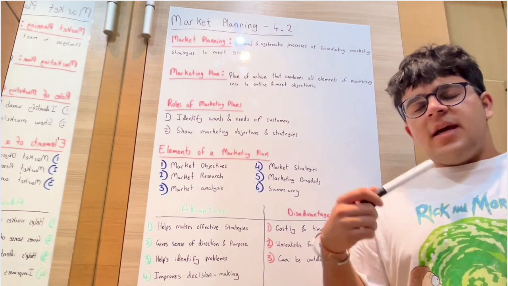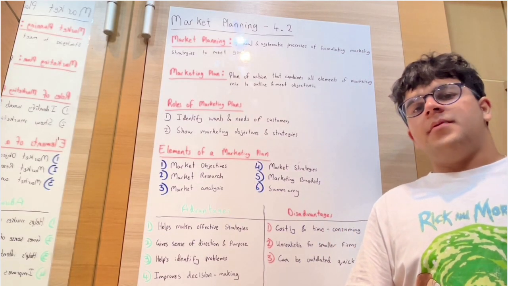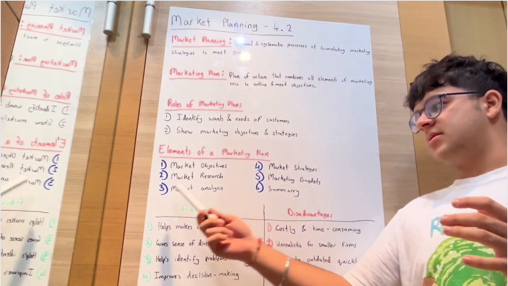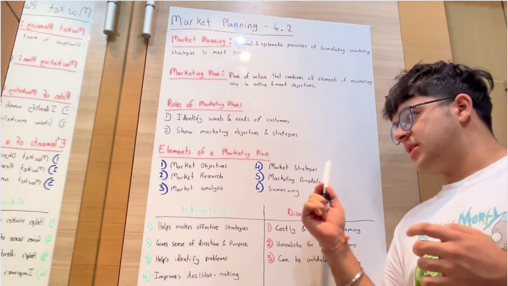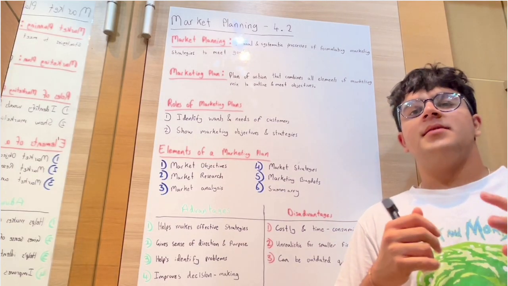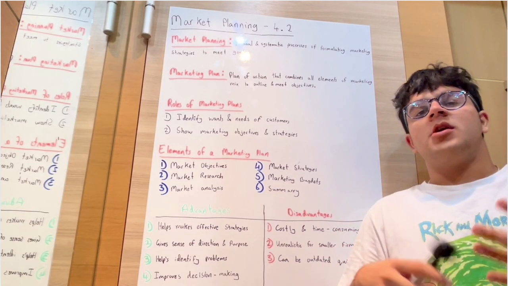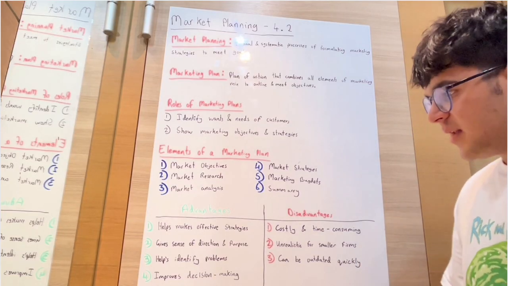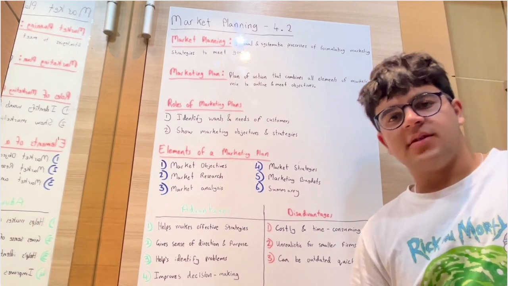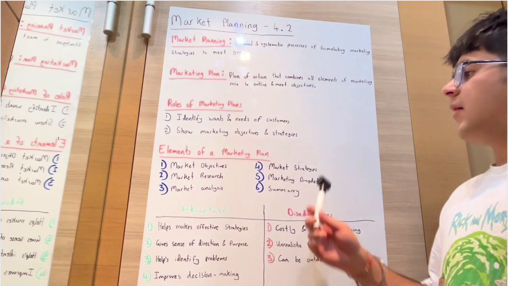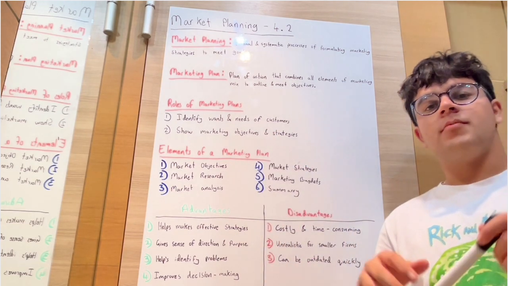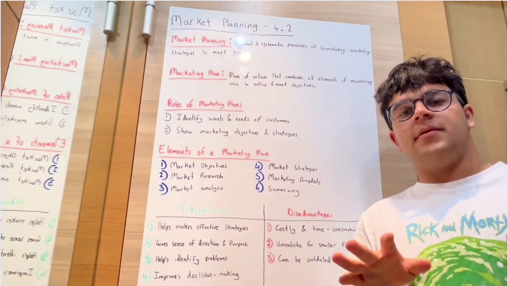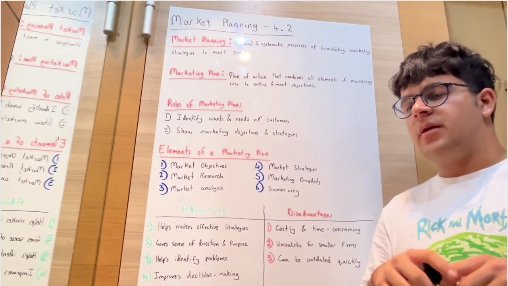Third, it helps you identify problems within your business and strategies you want to do in the future, because the analysis section and the strategy section are very important. It helps identify problems and helps you know what needs working on and what needs help. Finally, it just helps improve your decision making. All this outlining of facts gives you a more robust and evaluative perspective on what decisions to make.